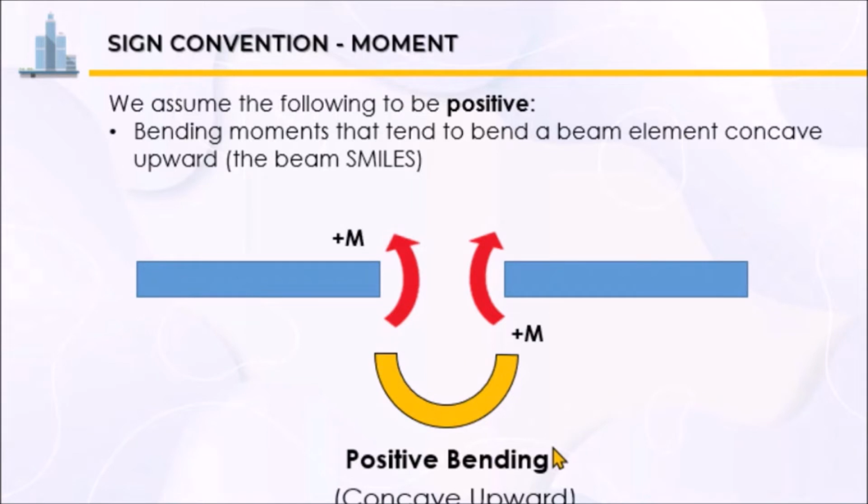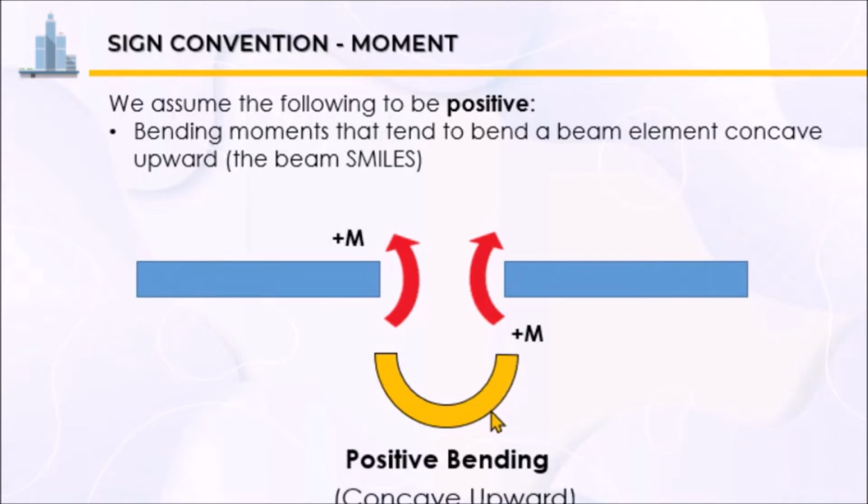So, next naman, dun sa ating right segment, para ma-bend niya itong beam natin, dapat ang moment niya ay clockwise, para ma-bend niya itong beam natin na kulay blue, maging ganito yung itsura niya sa kulay yellow.